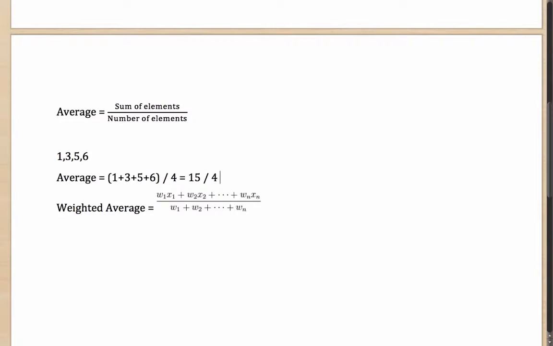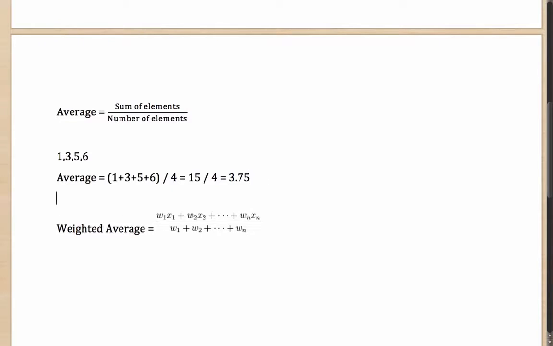So 15 by 4, or the average comes out as 3.75. A related concept is weighted average. Let's say the marks that you scored in 4 different tests were 1, 3, 5, and 6 out of 10, then your average score was 3.75.